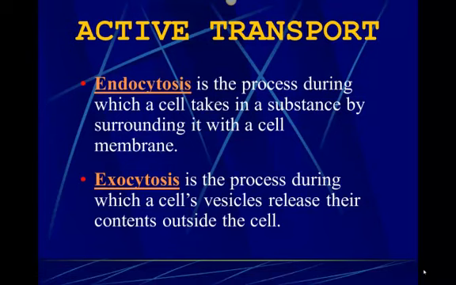Now when endocytosis is done by an individual cell that is an organism, remember, we call those unicellular organisms. When it eats and drinks, gets water and gets the food, they actually have other names. It's still endocytosis. For cell drinking, they call it pinocytosis, and for cell eating, they call it phagocytosis.